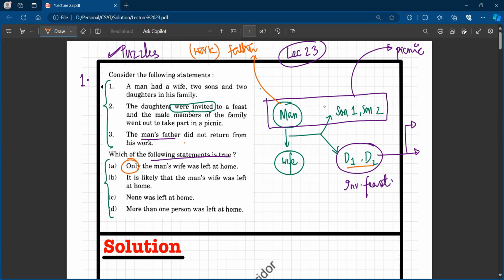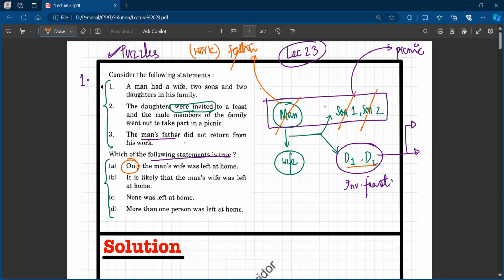If both D1 and D2 are out of the house, we are not considering them. Now, for D1 and D2, if both the daughters are outside, then the wife is at home. If any one of the daughters is at home, then only the wife is not at home.